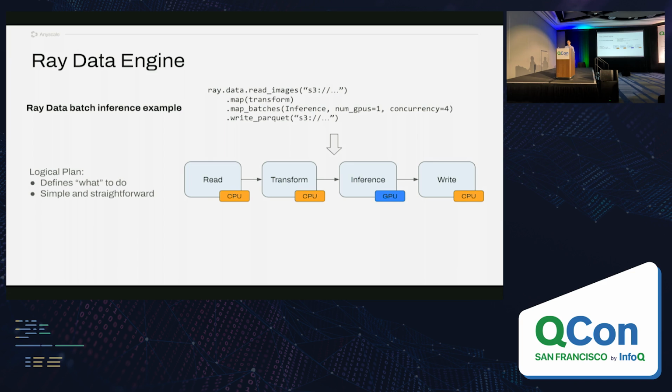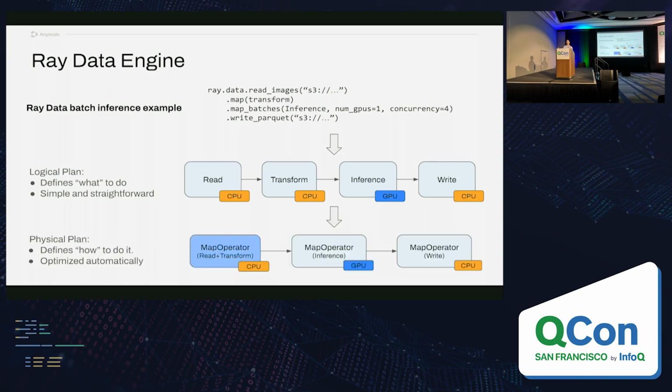So after this, Ray Data will compile this logical plan to generate the physical plan. The physical plan defines how to do your data pipeline. In this simple example, we can see the read and transform are fused into a single map operator. That means we can save data communication, data read-write, and disk I/O by streaming the read and transform together.